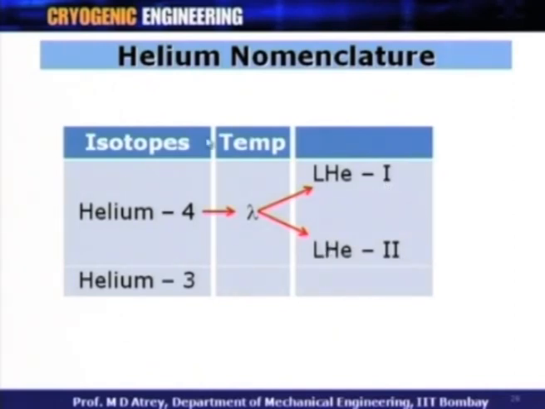So, I just want you to understand helium 1, helium 2 as well as helium 3 and helium 4. Helium 1 and helium 2 come from helium 4 below the lambda point in the liquid form, but helium 3 is an isotope of helium, and now I will talk about helium 3 only.